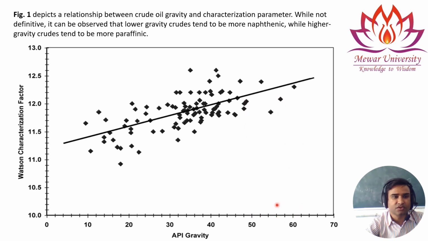That means for a higher Watson characterization factor, we have a higher API gravity, right? It means if you have a higher gravity crude, your crude is more paraffinic, and if you have a lower API gravity, your crude is more naphthenic. Naphthenes are more.